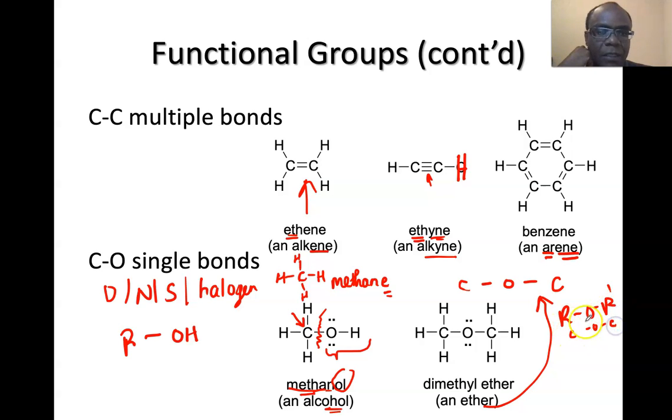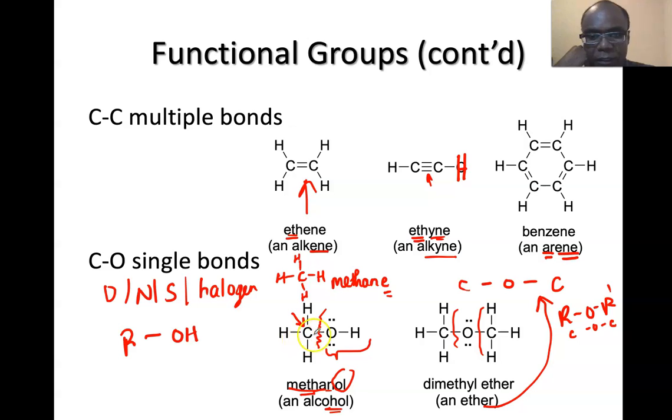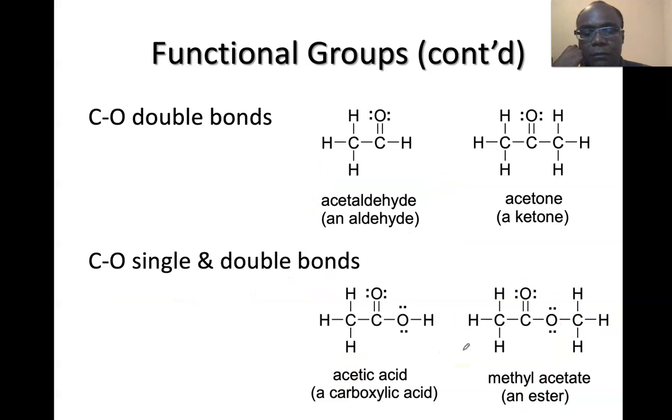I'm just using R to represent any carbon part of the structure. Okay, that's the other functional group. Now, I want to mention here that alcohols are more polar than ethers, even though both of them have oxygens. We'll discuss polarity later.